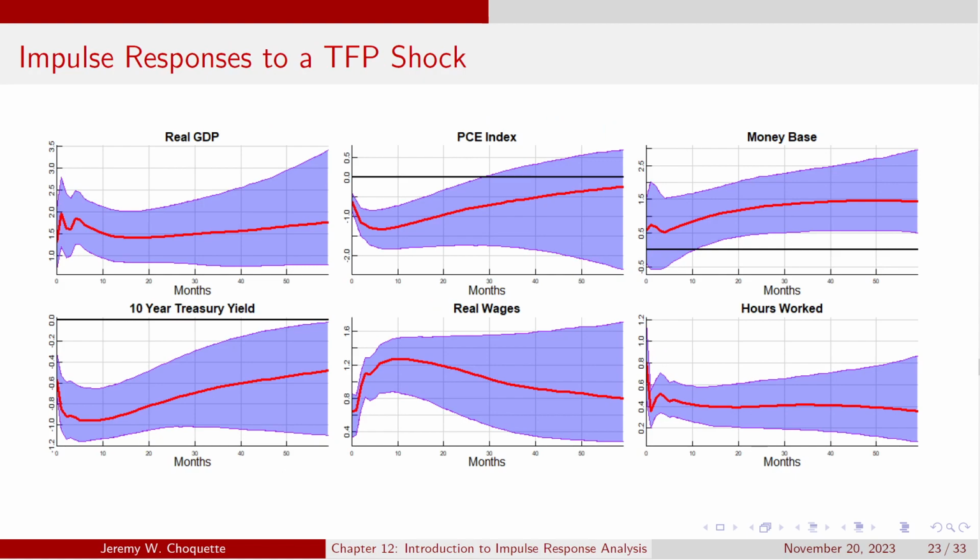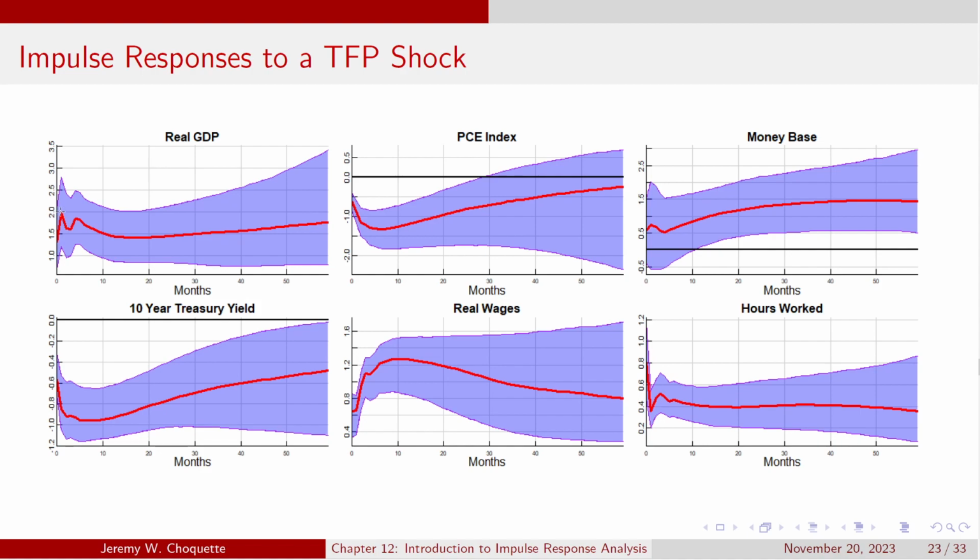So if the model is worth its weight at all, you're probably going to see qualitative responses similar to what this model should predict. And this is what we get. So what are we looking at here? We're looking at the responses of all of those 6 variables that I presented earlier. Let's look at real GDP first. What did real GDP do? Look at the maximum deviation from 0. Is that above or below 0? It's above 0. How do we know? Its maximum deviation is right about here at about 2 percentage points.